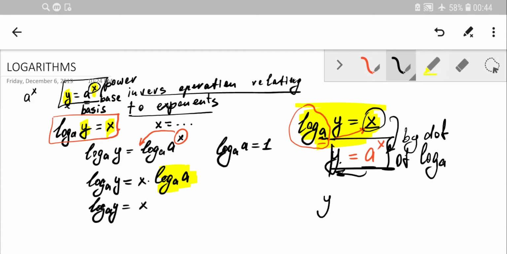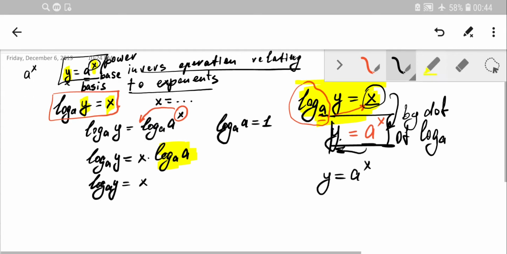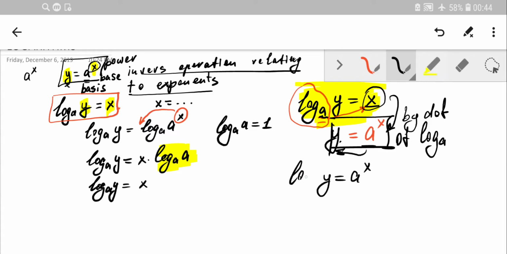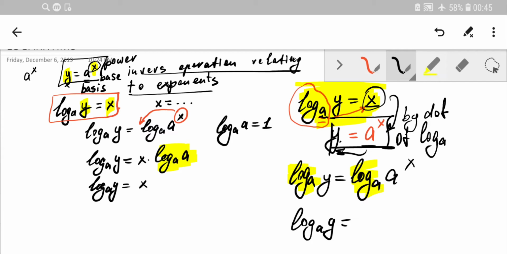And actually, you can always convert this back to log. For example, you have an exponent, y equals a to the power of x. How do you get back to the log? Simply put the prefix log a on both parts, apply log a to both parts. From there you can figure out that log a y becomes x, which goes before, and you have log a, which by definition is 1.